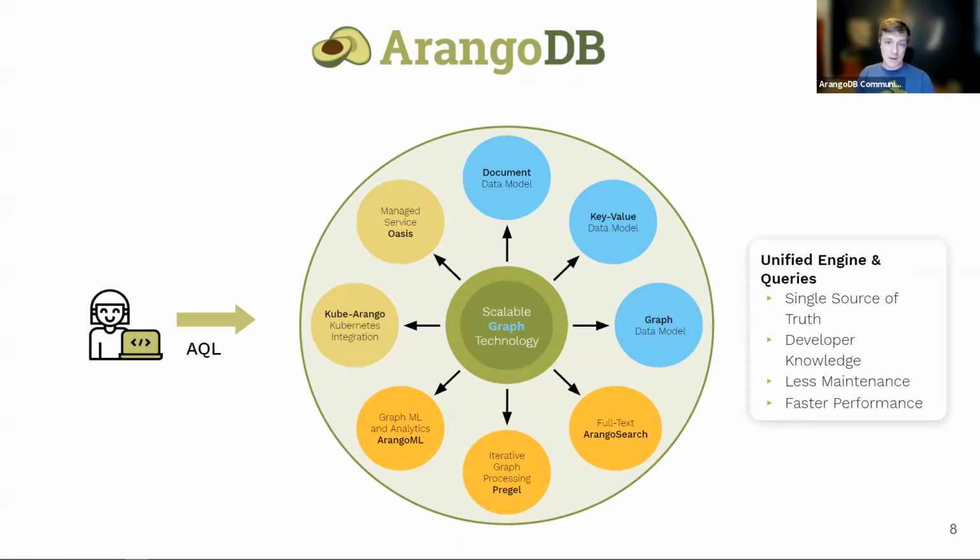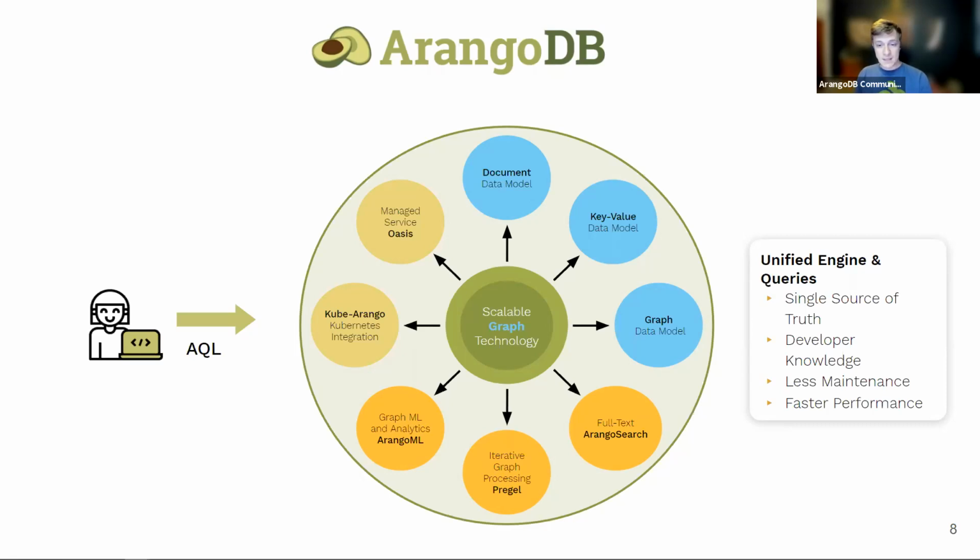We do have Pregel built in, and a currently experimental custom Pregel feature. We also have a full suite of tools with graph ML and analytics with our ArangoML tool suite. And we also have a Kubernetes integration that is actually the backbone for our managed service Oasis. This is our cloud managed service, and it actually has a free trial as well if you're interested in ArangoDB in the cloud. Definitely be sure to check that out, cloud.arangodb.com.